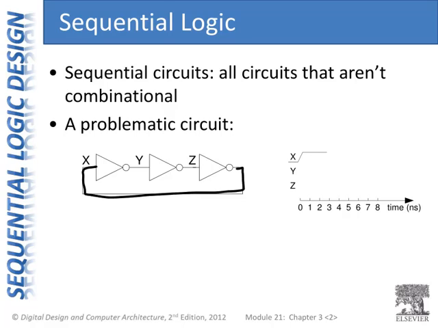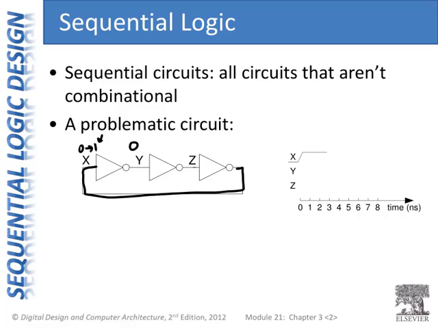And so when X goes high, Y is going to go low, and Z is going to go high. So when X goes from 0 to 1, well, Y is going to see that 1 and go from 1 to 0.